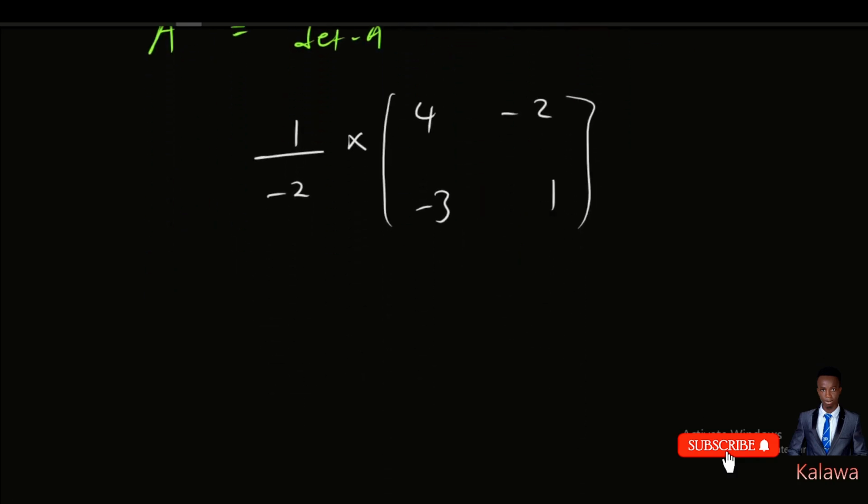So this cofactor, from the formula, has now led us to a scalar matrix. Therefore, since it's a scalar matrix, we multiply the scalar by each of the elements in the matrix.